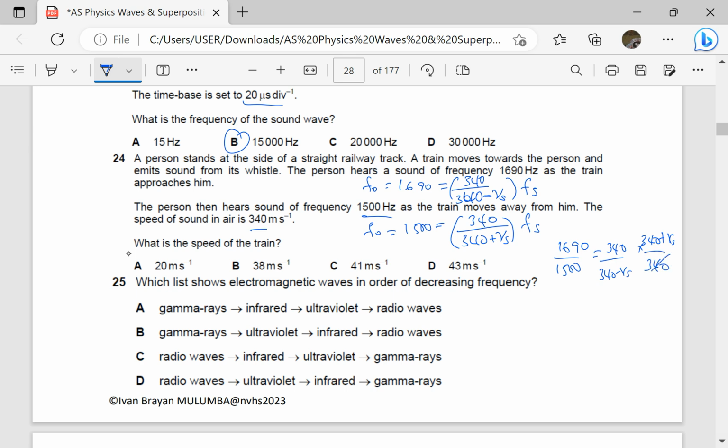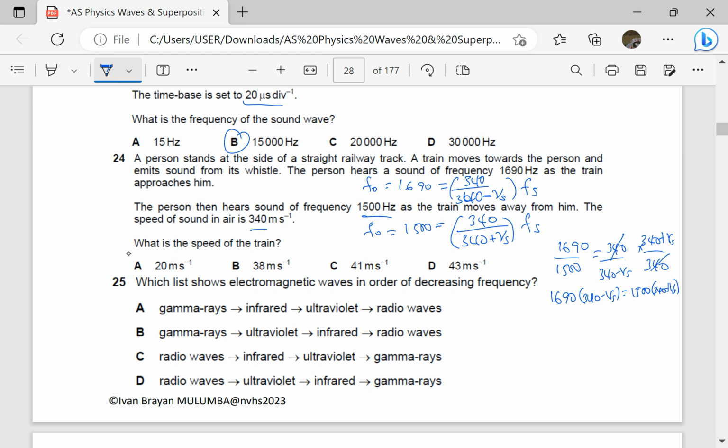I wanted you to see that 340 cancels out. So I'm just going to solve this equation. This will be 1690 into 340 minus Vs equals 1500 into 340 plus Vs.